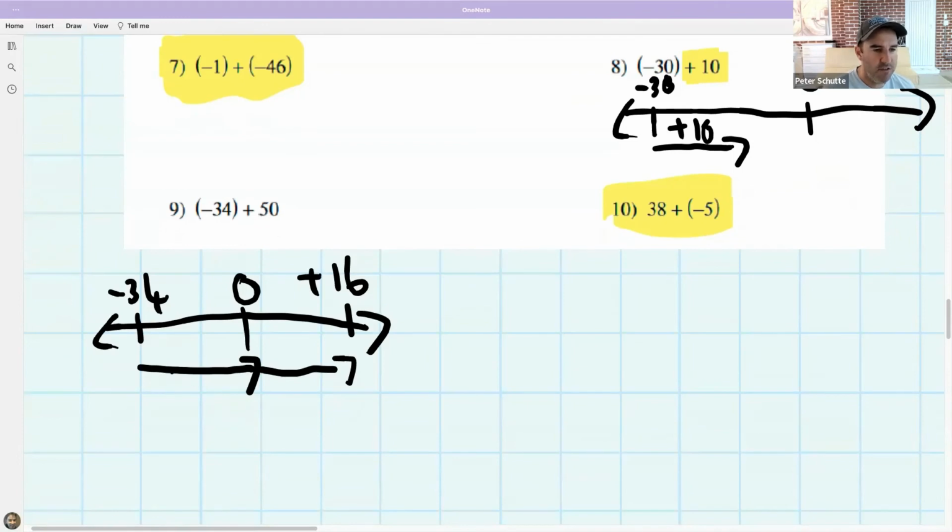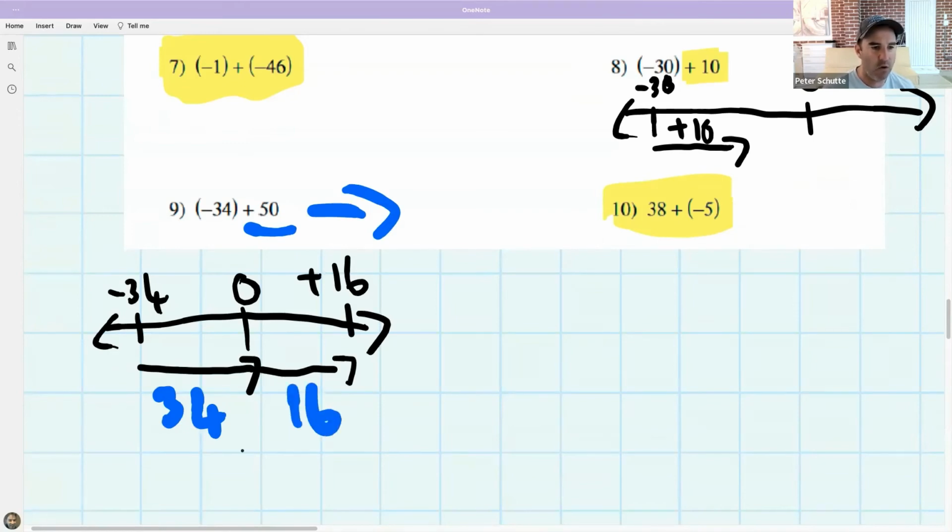So if you're adding 50, to add 50 means to go 50 units to the right. Now you use up 34 units getting back to 0, and then you need to go another 16 in order for the whole thing to be plus 50. So I hope that helps you understand how we got to plus 16.